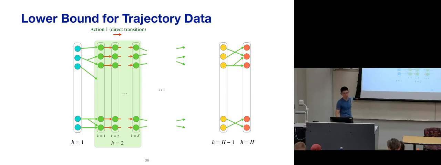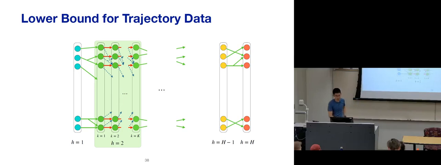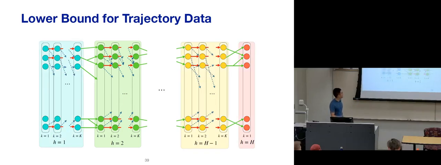Within the block, we assign the transitions in the following way: action 1 goes directly to the same state, and action 2 goes back to the missile data distribution, that is, the data distribution of the first layer. These are the transitions, and we do this for every layer.